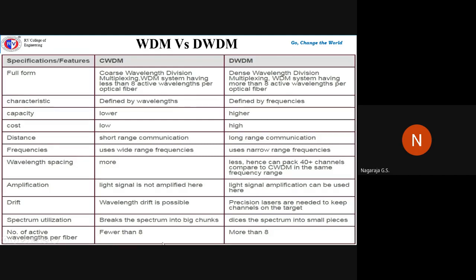Active wavelengths per fiber: fewer than 8 versus more than 8. This point is repeated again. I think these are the points you need to remember with respect to WDM and DWDM, along with the pictorial illustration of these two technologies with respect to fiber optics.